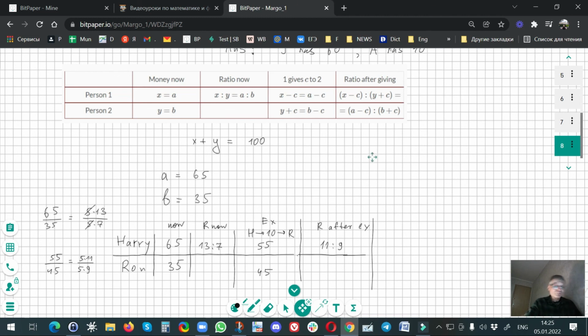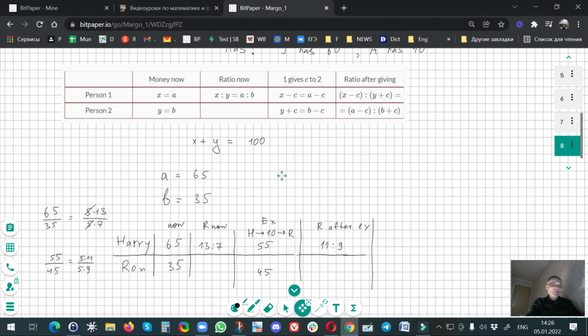And the only difference when you redistribute money or other commodities, it can be not money, but for example, ammunition for soldiers, forgive me for that analogy, or for example, balloons for clowns. Imagine 2 clowns, they have 100 balloons together. But then one clown gives another one some balloons, and they give away balloons to children.